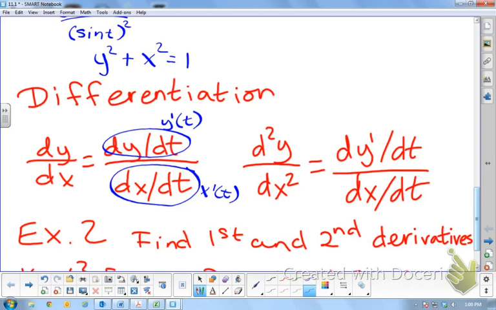Because when they say dy prime dt, so dy prime dt is the derivative of this thing you found first. So to find the second derivative, dy prime dt is actually the derivative of this entire thing.